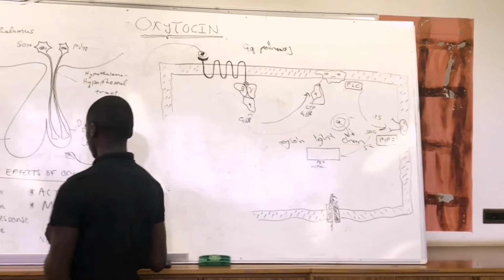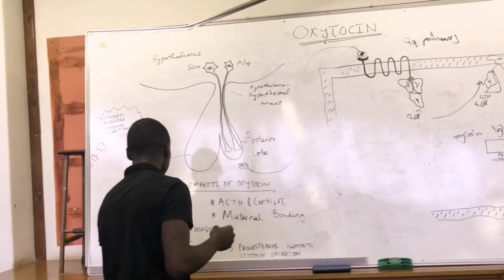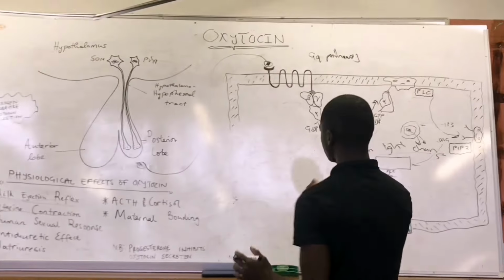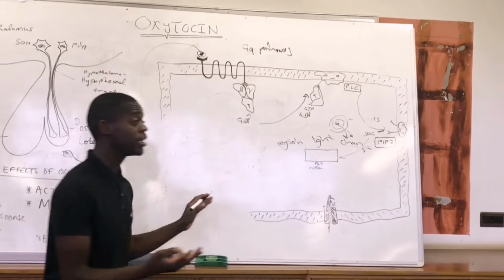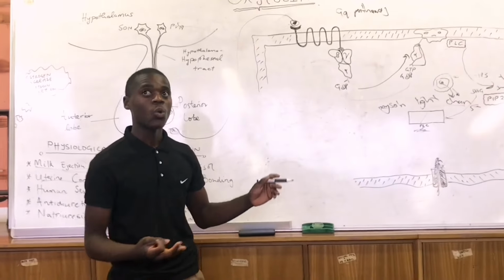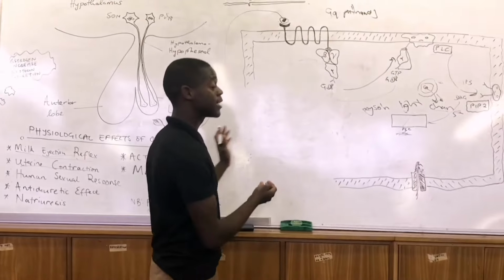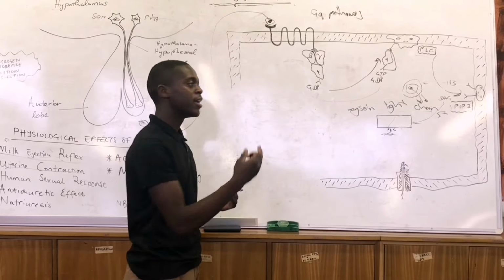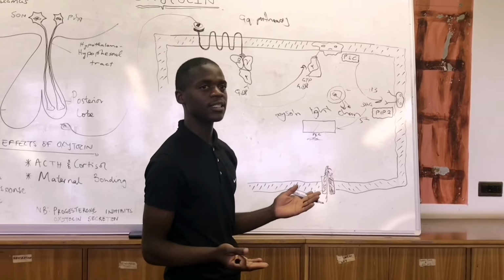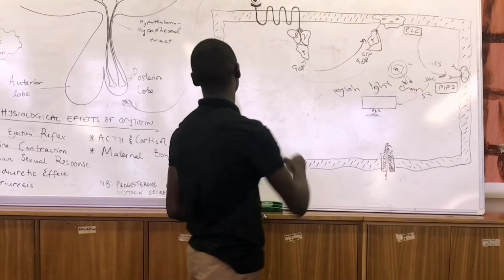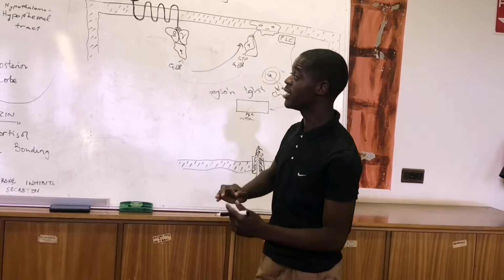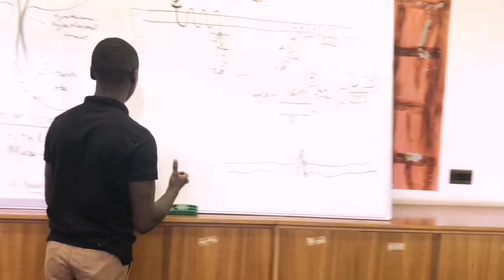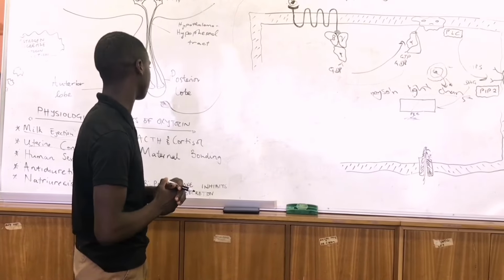Right. Good. So even during sexual activity, we realize that oxytocin release will actually increase. So we know that erection, for example, oxytocin can result in erection, and we know that stimulation of the genital organs of the female will actually increase oxytocin production. Right.